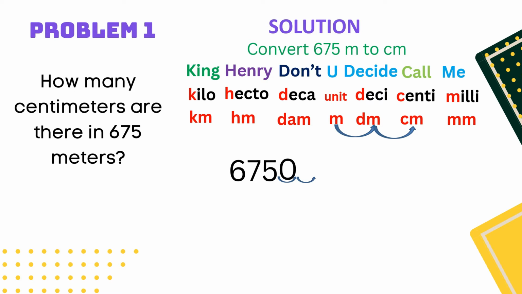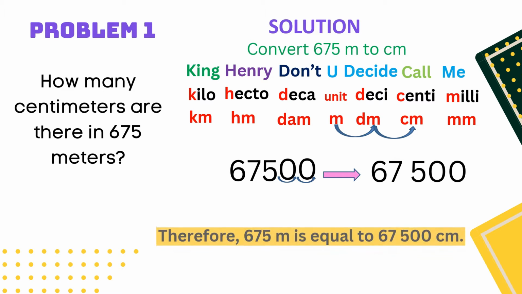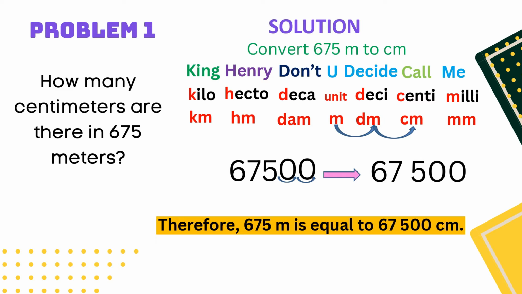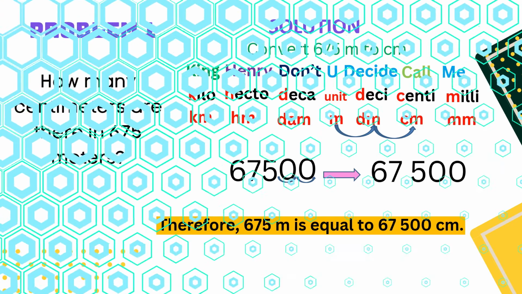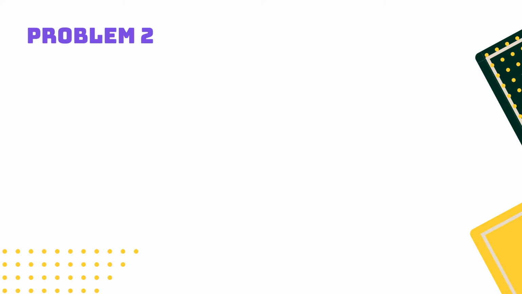There is no digit here, so let's add 2 zeros. This is our answer. Therefore, 675 meters is equal to 67,500 centimeters.